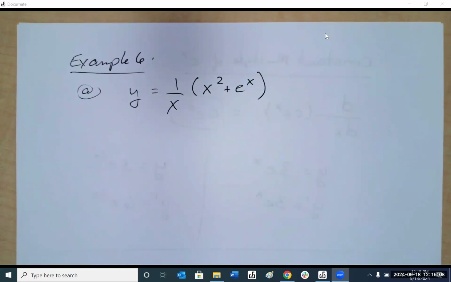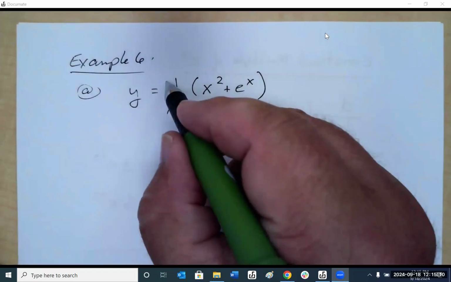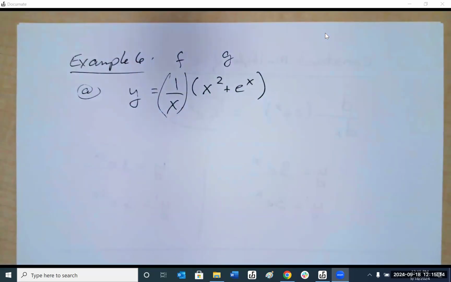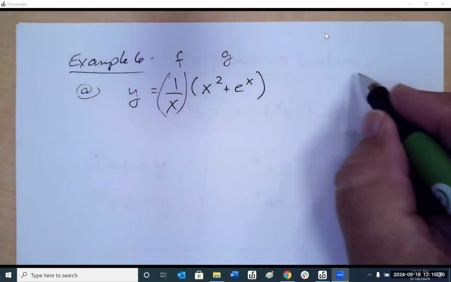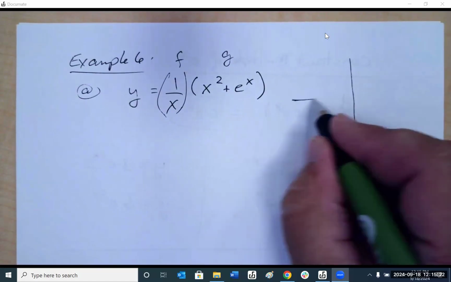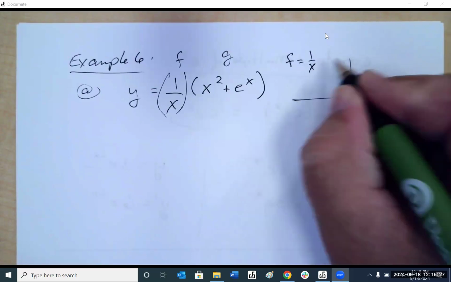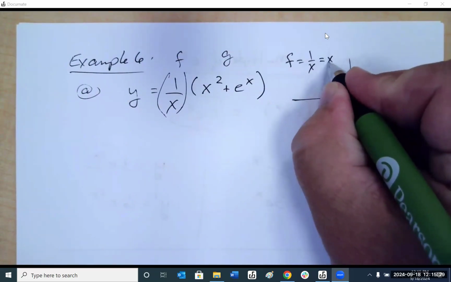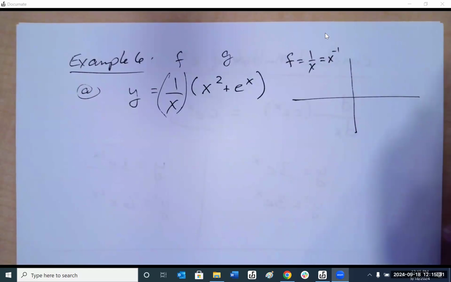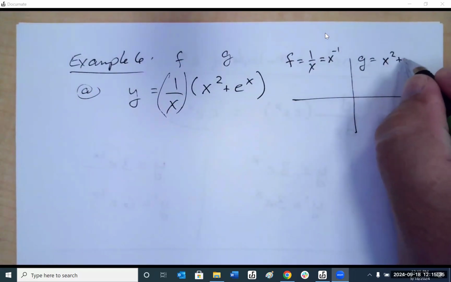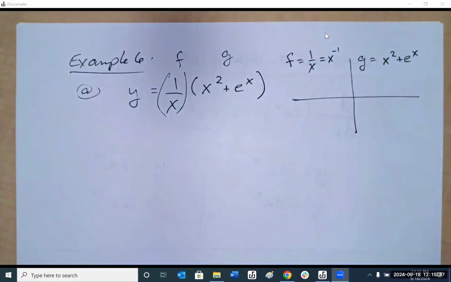Do we have two functions? Yeah, we do. Here's the first function, that's f, and this is g. So f is 1 over x, which is x to the power negative 1. G of x is x squared plus e to the x.